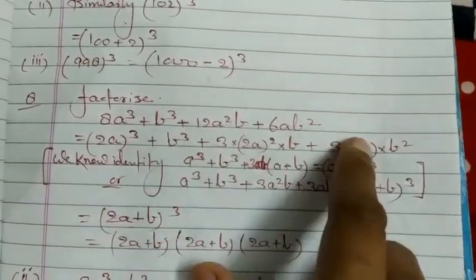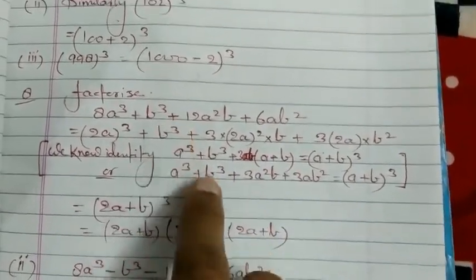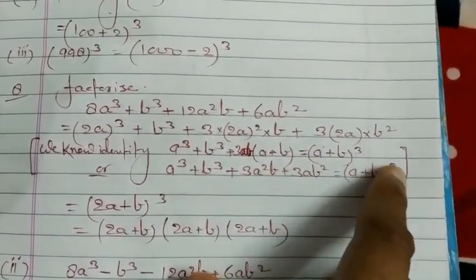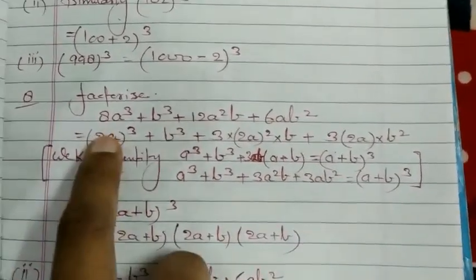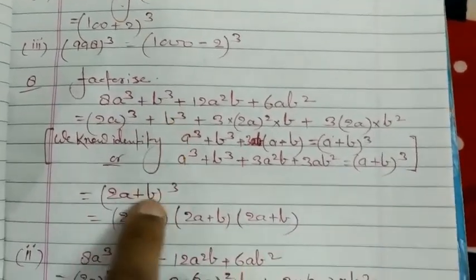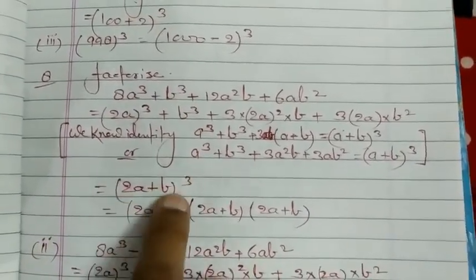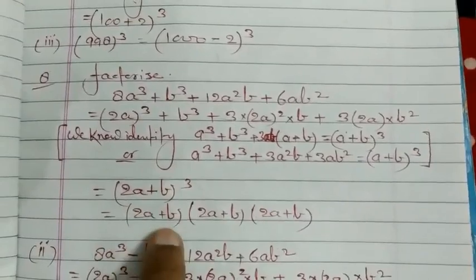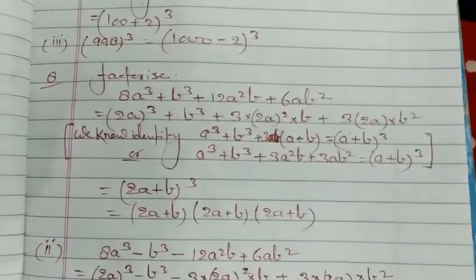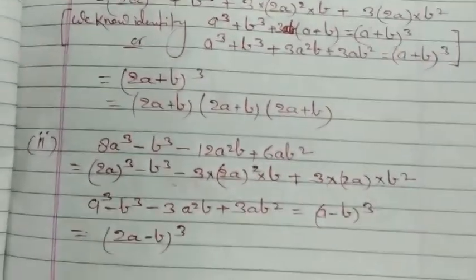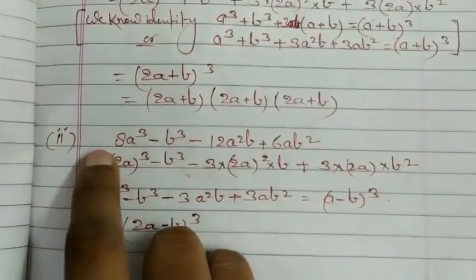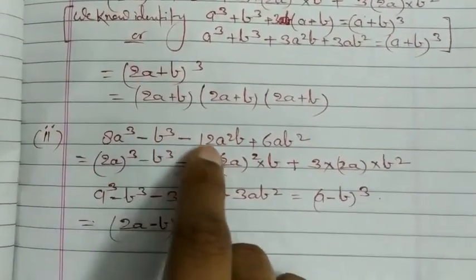So this can be written like a plus b whole cube. Here a is 2a and b is b, so 2a plus b whole cube. You have written this cubing term 3 times, 2a plus b, 2a plus b, 2a plus b. This is your answer.